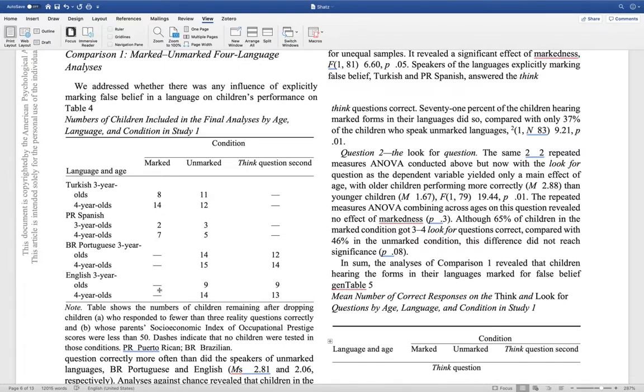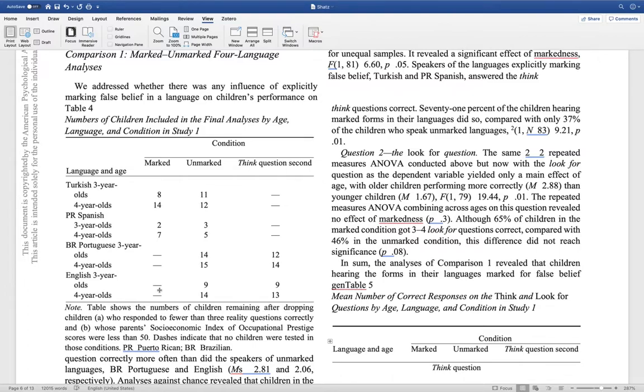Honestly, 4-year-olds already know how to do this task according to what we've seen in the previous research on the YouTube video. So for me, it's kind of unfortunate that you only have 8 3-year-olds in the marked condition. And only 11 in the unmarked condition. So really, that's one of the groups that's good, and we have different abilities to compare at the group that should do poorly.